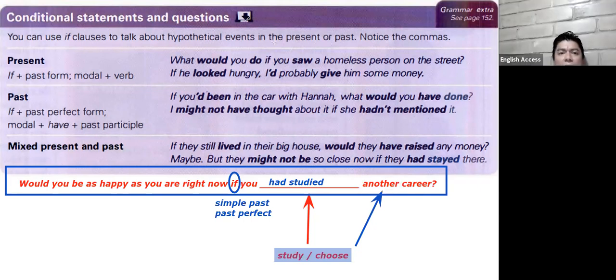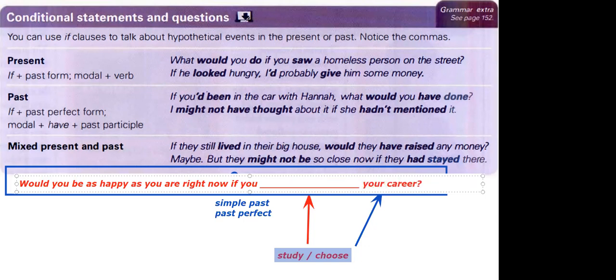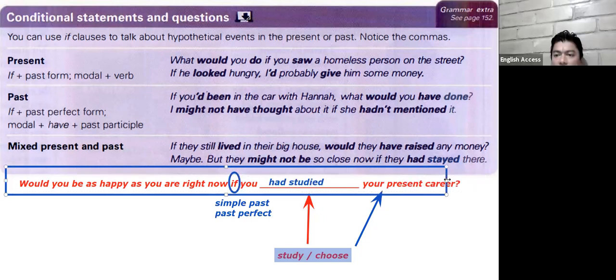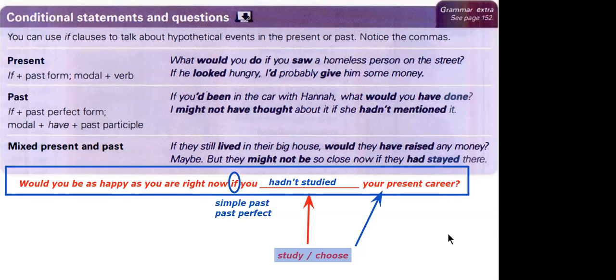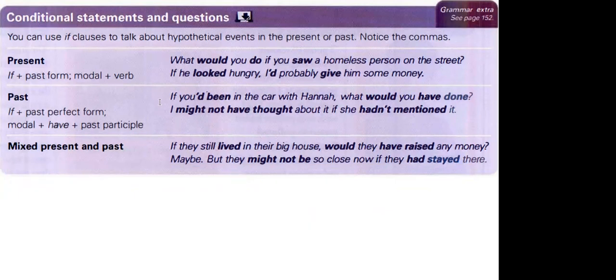Maybe you can change it a little bit, and instead of another, your present career. And then we can change it to hadn't. Would you be as happy as you are right now if you hadn't studied your present career? Now it's good, correct? Okay, thank you, teacher. You're welcome.